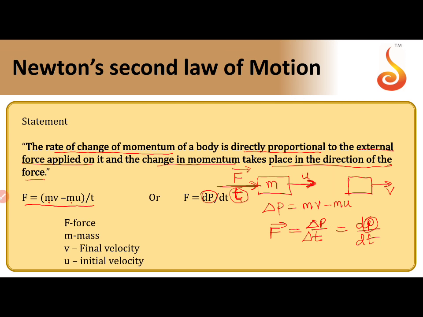Newton's second law of motion states that the rate of change of momentum of a body, that is dp by dt, where dp is the change in the momentum and dt is the time, is directly proportional to the external force applied on it, and the change in the momentum takes place in the direction of the force. So force is equal to dp by dt. dp is a vector quantity, so both of them will be in the same direction.